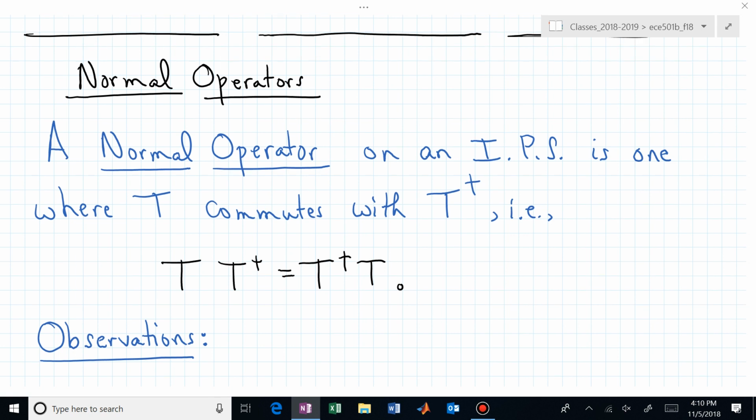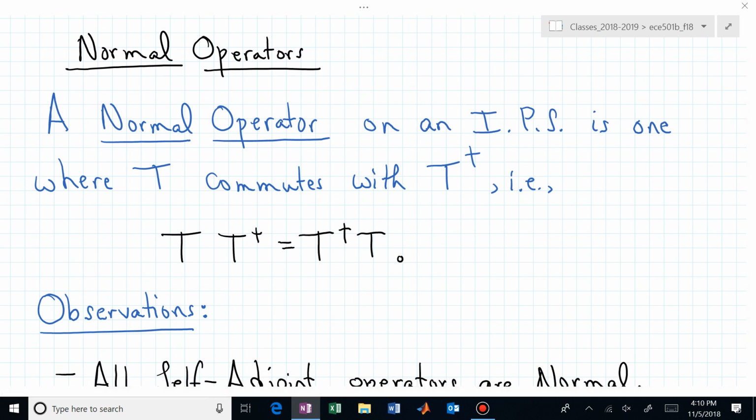So now let's talk about normal operators. A normal operator on an inner product space, and right now I have not qualified that with a preceding adjective. It doesn't have to be complex or real.